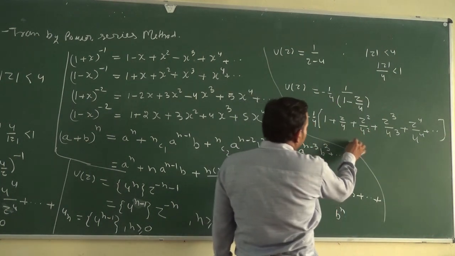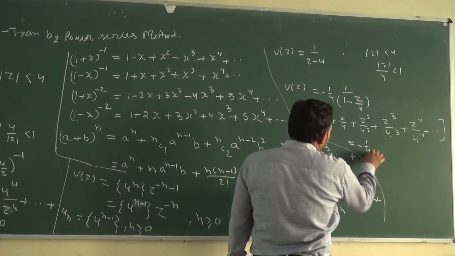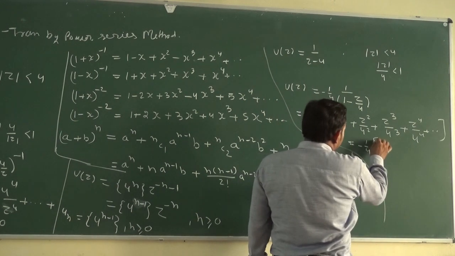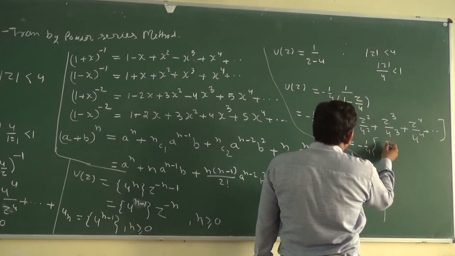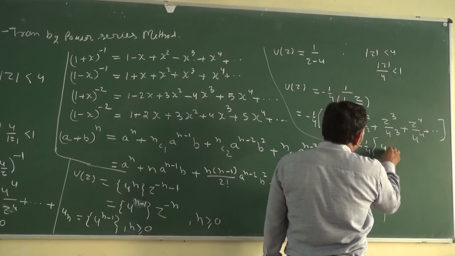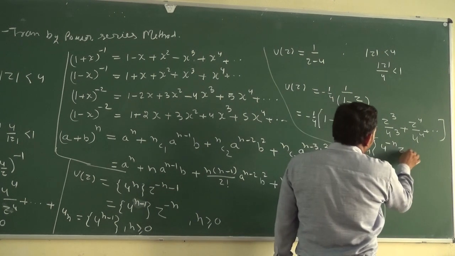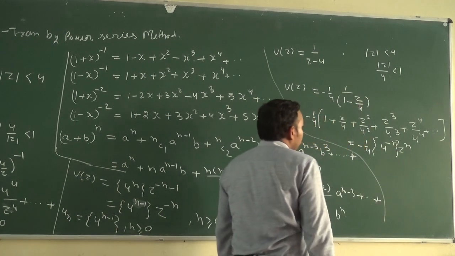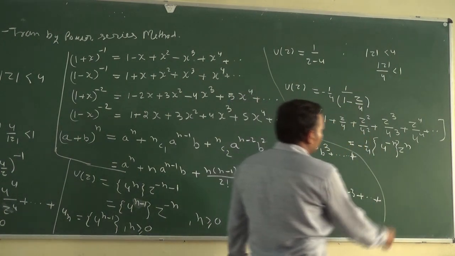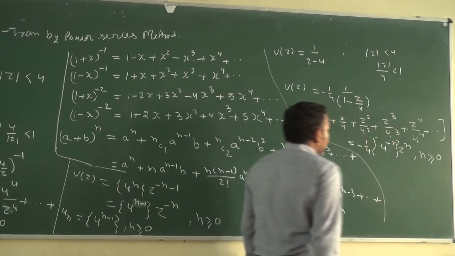Or simply this can be written as minus 1 upon 4, in sequence form, we can write 4 to the power minus n, z to the power n, for n greater than or equal to 0.